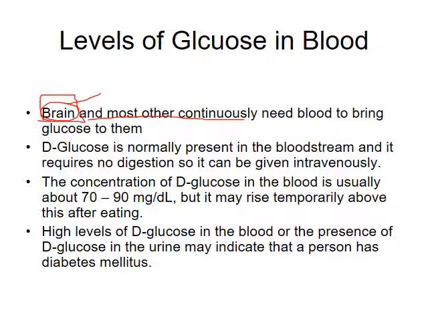Okay. And so it's kind of an important thing you need to do here. All right. Now, all the organs need glucose as well, but not as much as the brain. The brain continually needs glucose pumped into it.